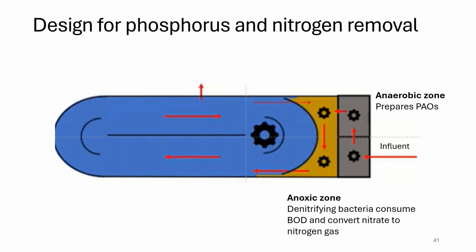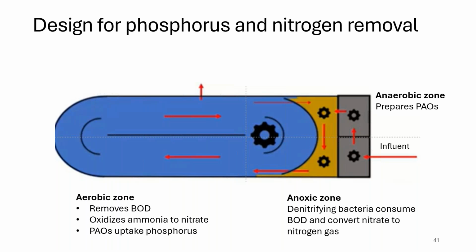We create the nitrate first, but the way the flow occurs, we flow through that zone into the aerobic zone where we remove BOD, oxidize ammonia to nitrate, and uptake the phosphorus. And then we flow back into that anoxic zone, and that nitrate is converted to nitrogen gas.